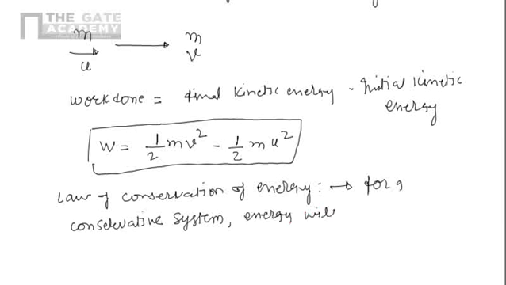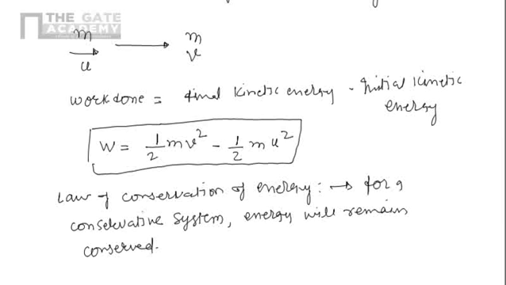It means we can neither create nor destroy energy, but we can convert one form of energy into another. We can change kinetic energy into potential energy or potential energy into kinetic energy, but the summation of all energy will remain the same if we are considering a conservative system.